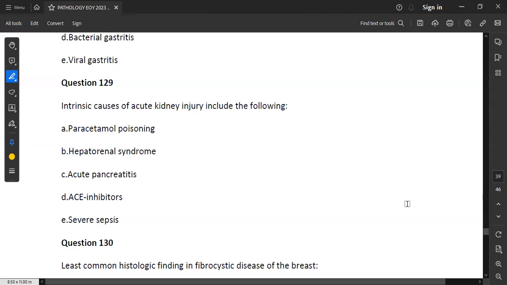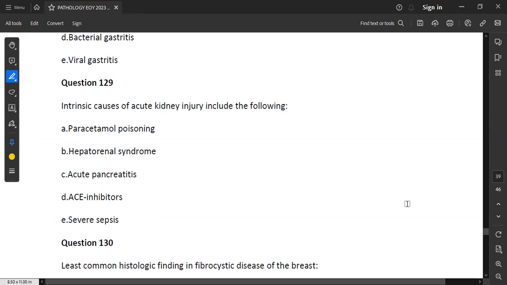Acute kidney injury has causes that can be divided into 3: pre-renal, renal, and post-renal. So in the pre-renal, we have hepatorenal syndrome, which is B, ACE inhibitors, D, hypotension, atherosclerosis, sepsis, and acute pancreatitis, C and D. So B, C, D, and E are pre-renal.